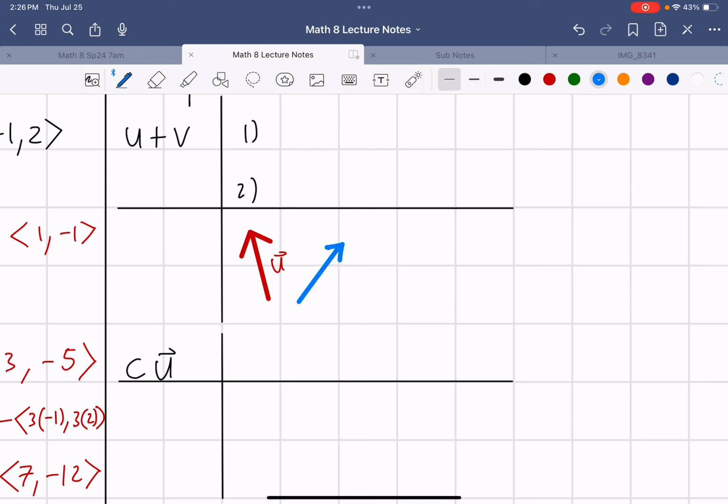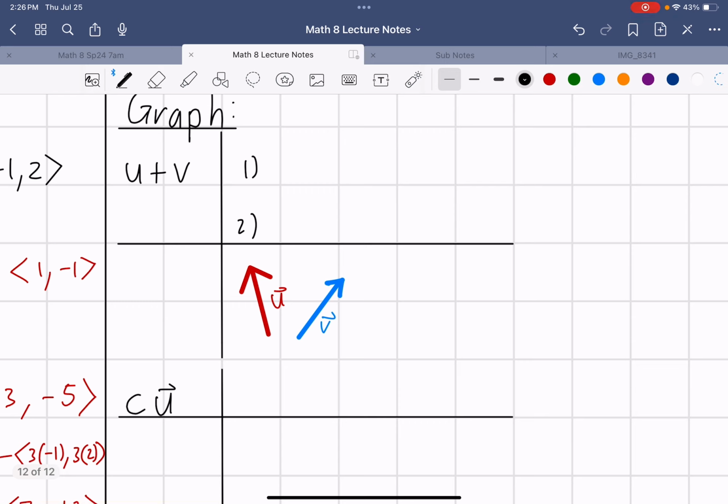Vector v, and I add them together. Geometrically, the way you add the vectors together is you have to take the initial point of v.